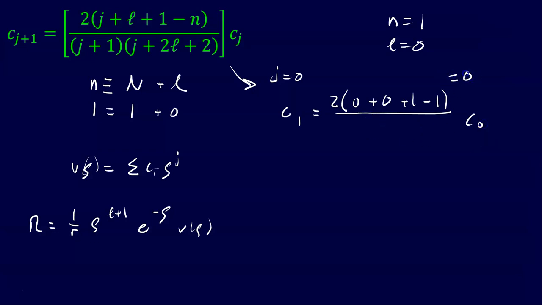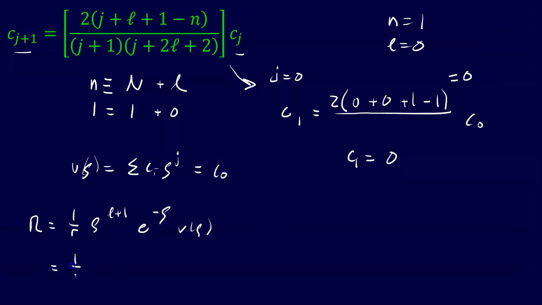So this top part equals 0. So c1 equals 0, and that implies that every other c greater than that will be 0 as well, because the way this works, the j plus 1 term depends on the jth term. So this is a sum of just 1, and so our v of rho will just be the c0.